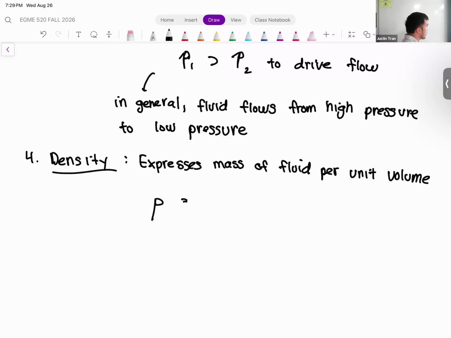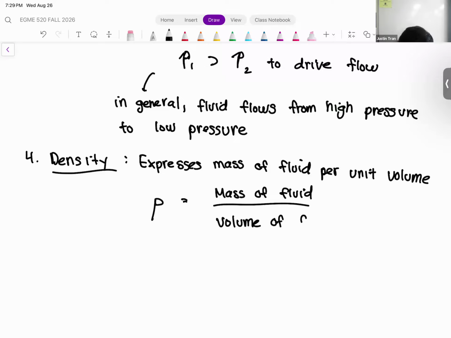Rho looks like a P with a slanted tail. So density of a fluid is just the mass of a certain volume of fluid divided by the volume that the fluid occupies.